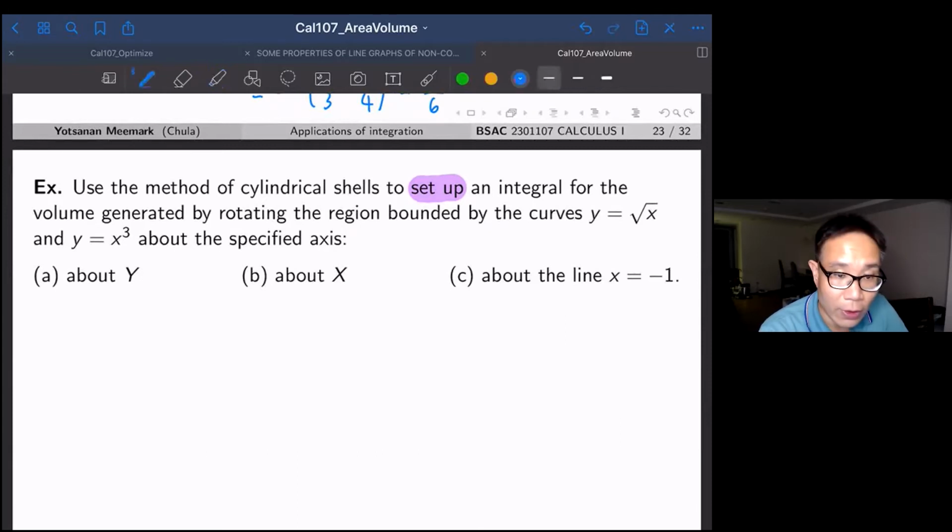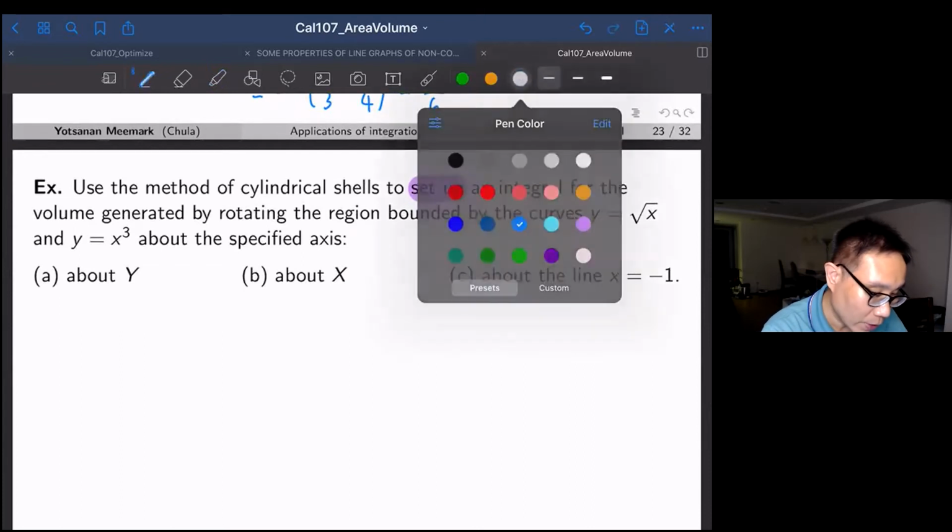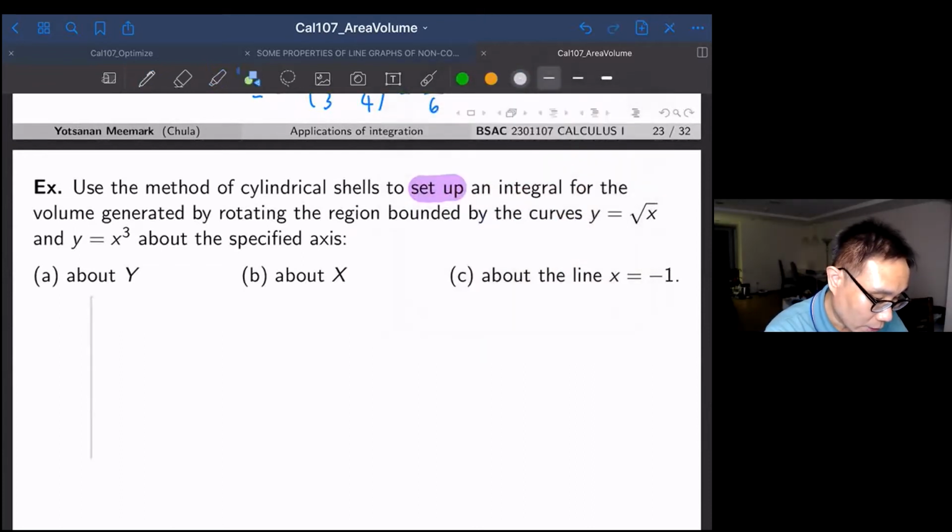So first of all, let's graph this. You're going to graph y equal to root x, y equal to x cubed. So you have y, you have x.